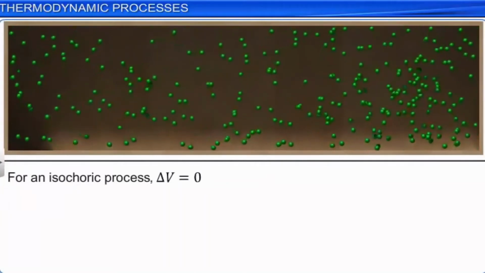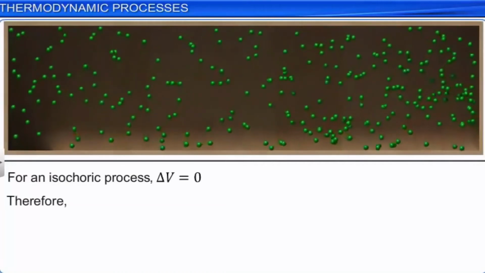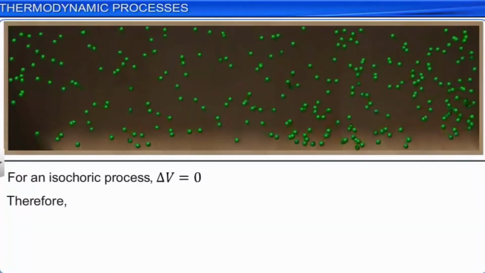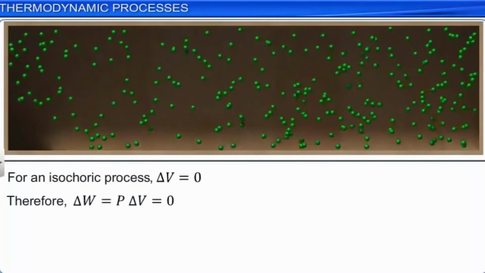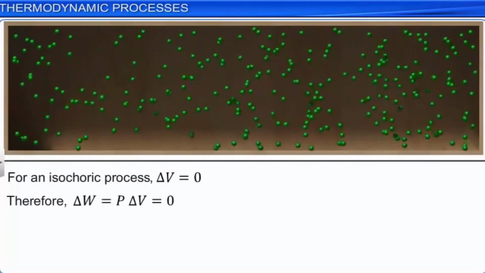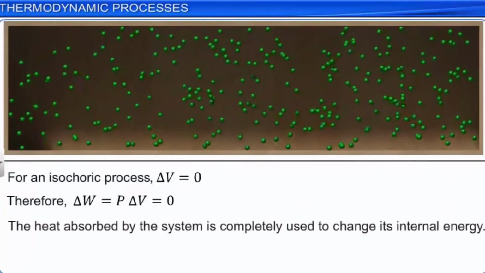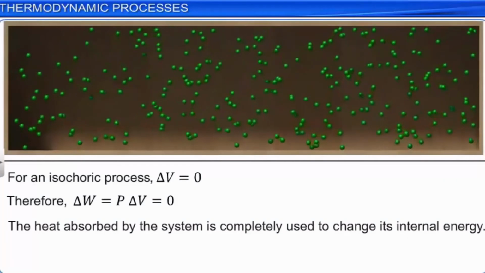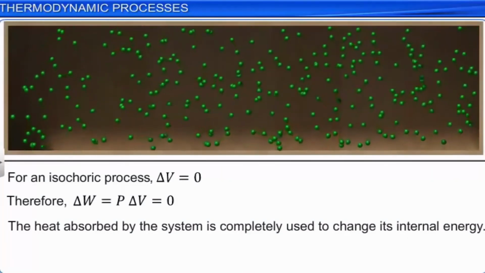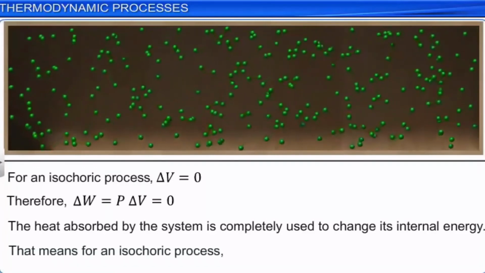Therefore, the work done by a system in an isochoric process, delta W is equal to P delta V, which is equal to 0. The heat absorbed by the system is completely used to change its internal energy. This means that for an isochoric process, delta Q is equal to delta U.